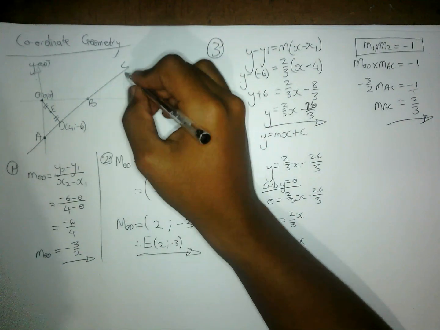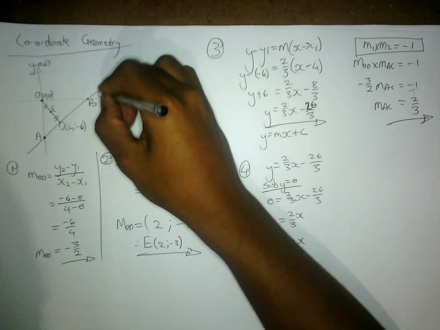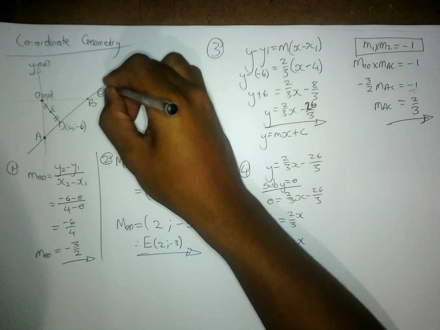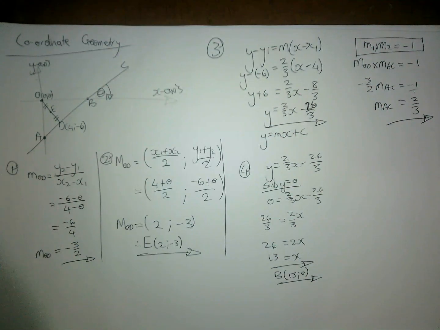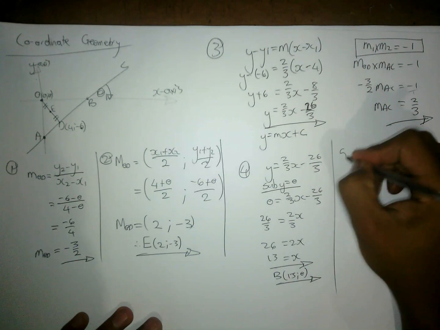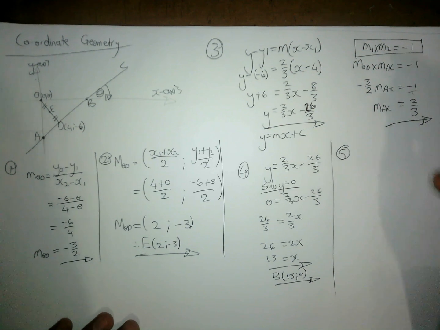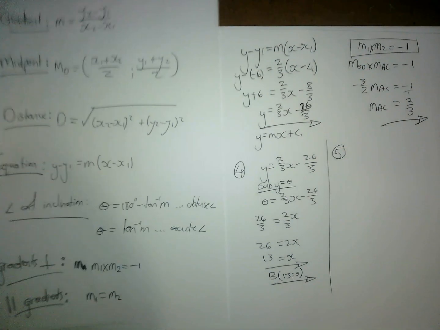So they're asking now for the size of the acute angle between line AC again, and the x-axis. So they want the acute angle here. Let's name it 1. Okay, how do we do this? So we look at our formulas for angle of inclination.